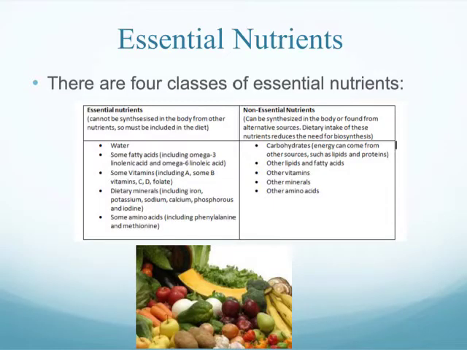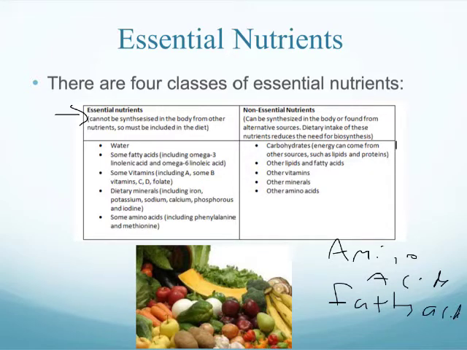All right, so when you think about it, there are four classes of essential nutrients, and those four classes can be broken up into four different areas. The first one are what we call essential amino acids. Okay, so remember that, essential amino acids. The second is essential fatty acids. So once again, essential fatty acids.